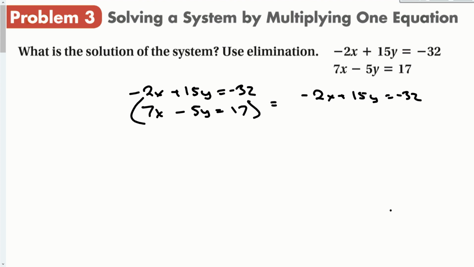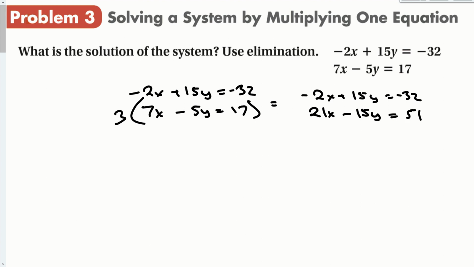Sorry, I'm not going to multiply by 5. Multiply by 3. 5 times 3 is 15. Okay? That would give me 21x minus 15y is equal to 17 times 3 is 51.